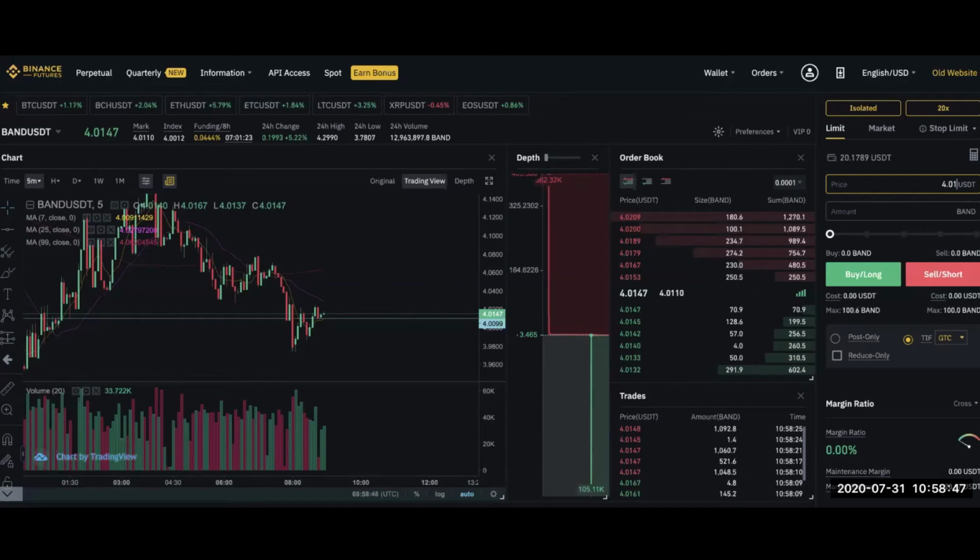And say 3. Do 20% in there. We're risking $4 and we buy long.